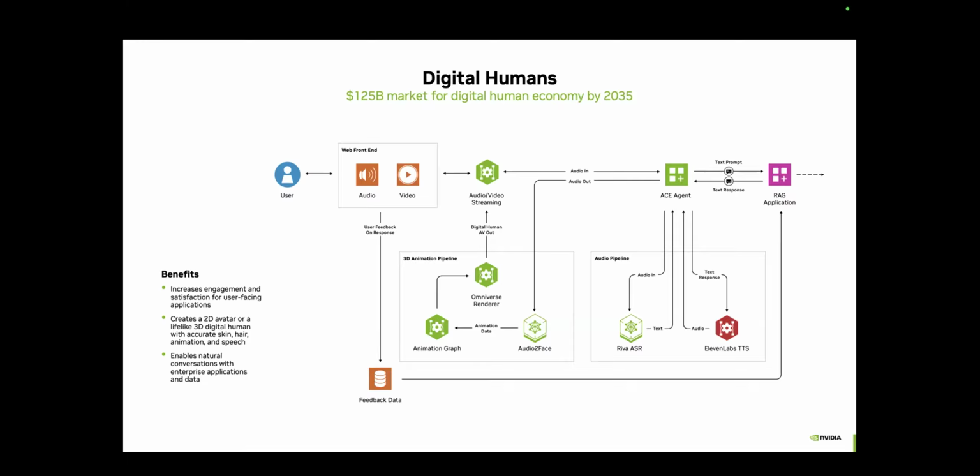The pipeline goes through our ACE agent, we extract the voice and use it to generate text, and use the text to do what we've seen previously in the AI virtual assistant. Once the result comes back, we use a TTS model to generate a voice based on the result and send it back to communicate with the user.